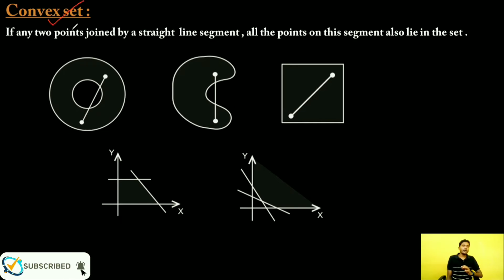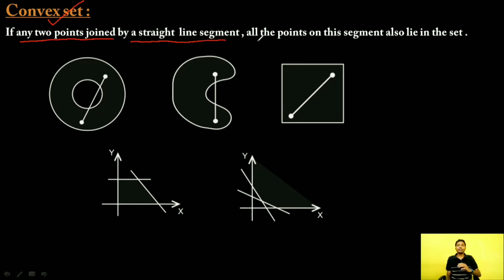Now convex set. A set will be called a convex set if for any two points joined by a line segment, all the points on this line segment also lie in the set. Okay, for example, this is an example of a convex set, this is an example of a convex set, this is also an example of a convex set, but this set and this set are not convex.